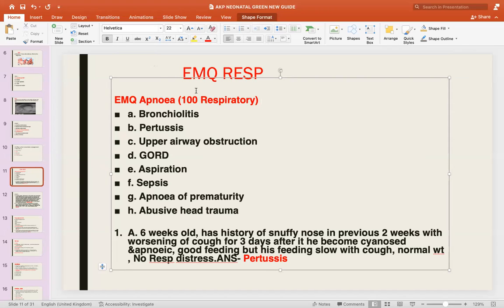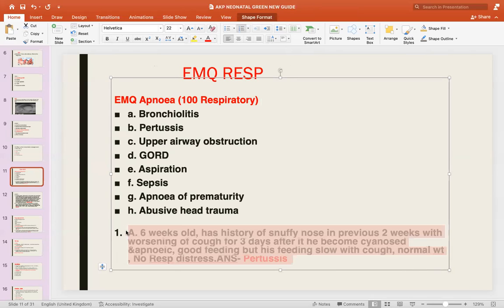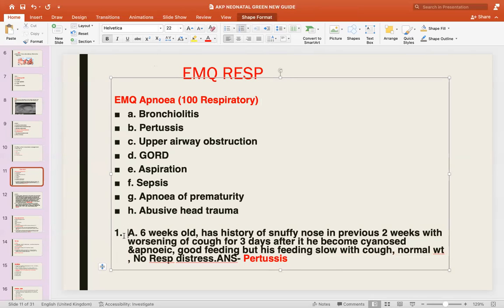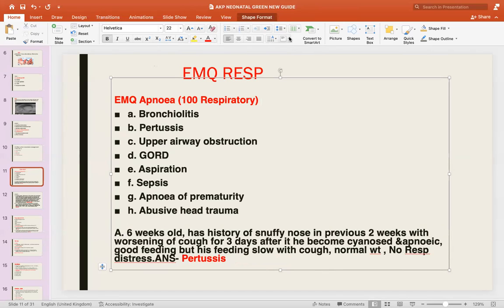So this is a problem-based question: apnea. Here you can see this child is apneic. What is the first question? Question number 1: a 6-week-old baby who has a history of snuffly nose, which means rhinitis, for the previous 2 weeks, with worsening cough for 3 days, after which he became cyanosed and apneic.